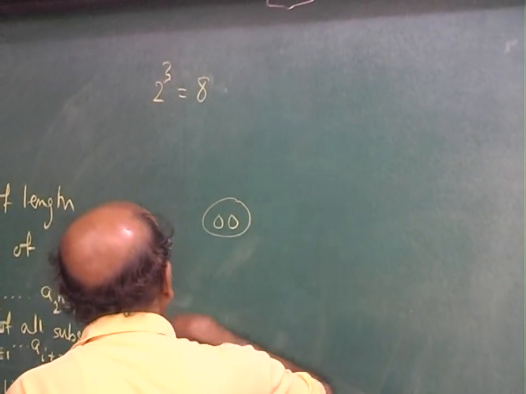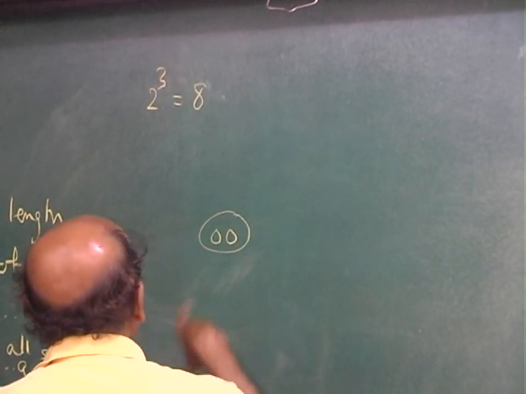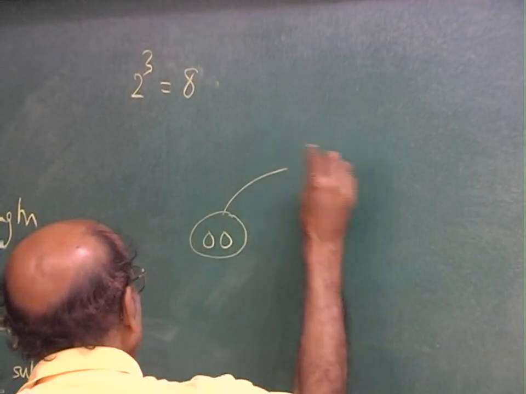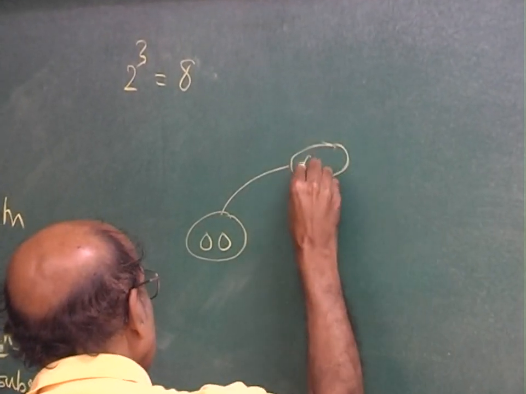So what I'm going to do is have ordered pairs as vertices.